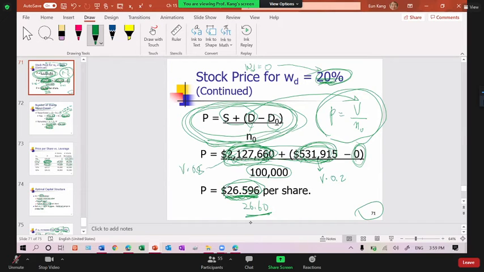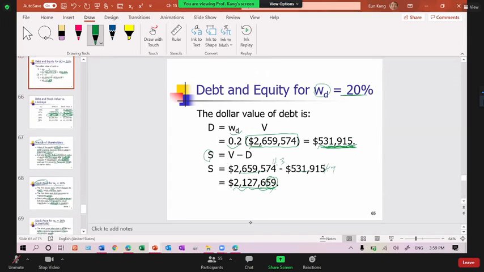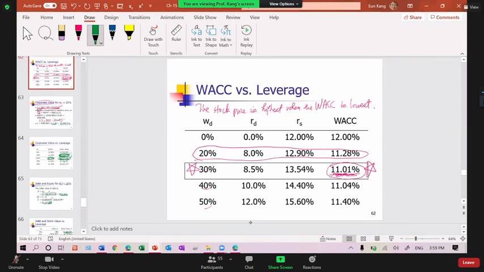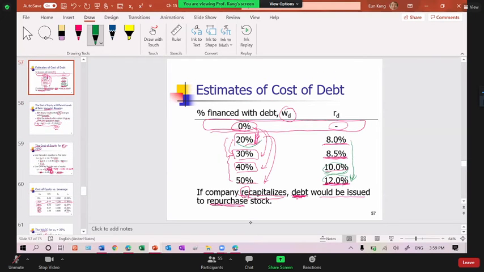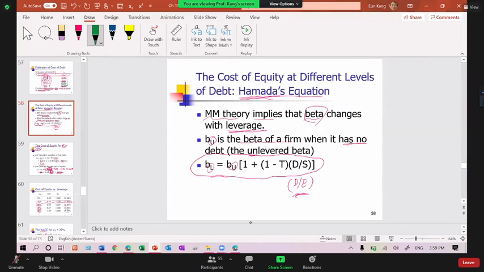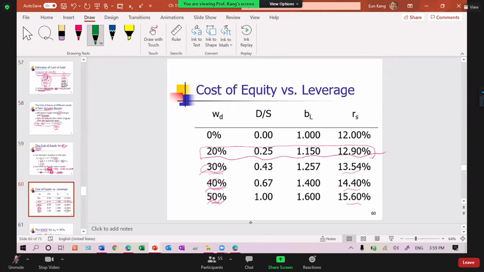So you cannot get this answer directly, but step by step, from the beginning, you use this table, you use also Hamada's equation, and then you use the CAPM to calculate cost of equity.